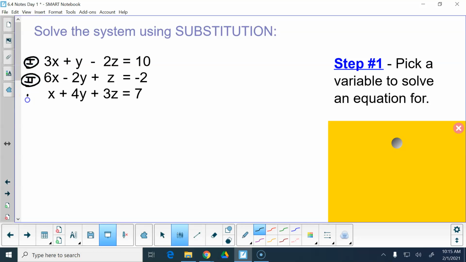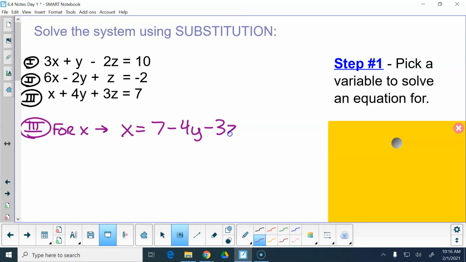Just so we're all clear as to which one is which, I'll label them with Roman numerals. So we're going the third equation for X. So we should get X equals 7 minus 4Y minus 3Z.